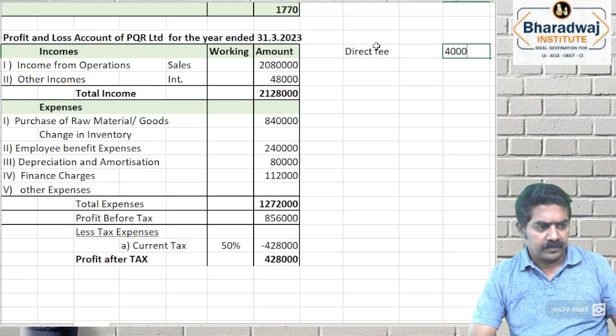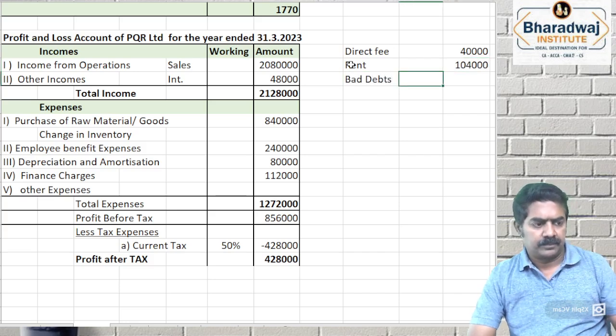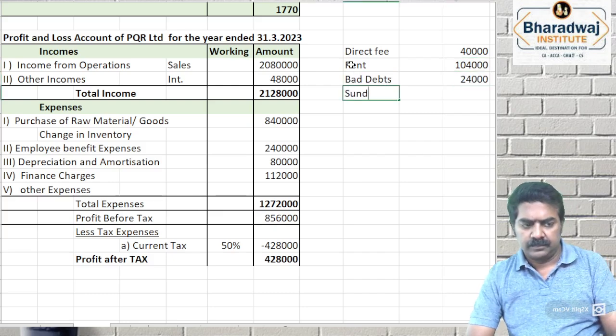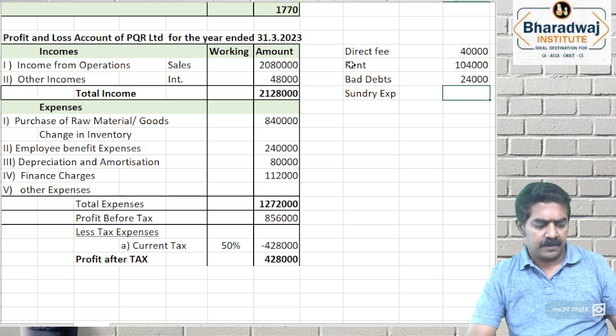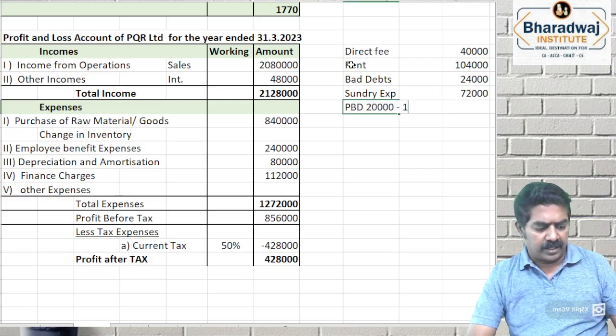Directors fees எவ்வளோங்க? 40,000. அப்புறம் rent 1,04,000. Then bad debts 24,000. Then sundry expenses 72,000. Then provision for bad debts 20,000 minus already எவ்வளோ இருக்கு? 12,000, additional 8,000 we have to create.